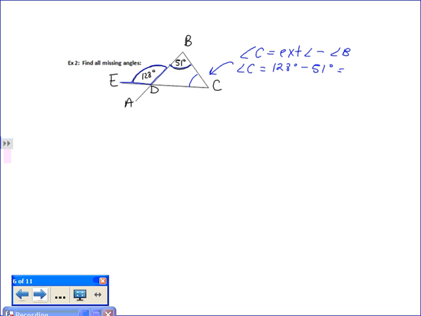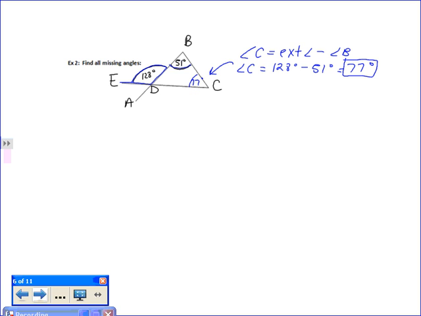And what do I get for that? 77 degrees. So there's my angle C, 77 degrees. And I could go ahead and fill that in, 77 degrees for angle C. So I could use that relationship. That then allows me to solve for the third interior angle of my triangle.